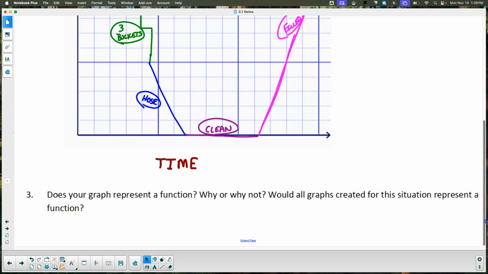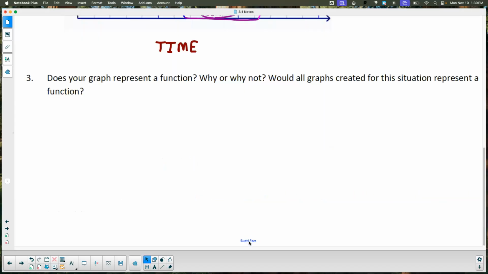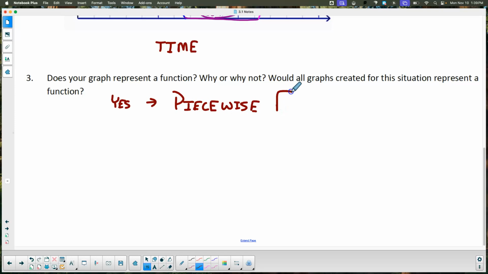It's something that's called a piecewise function. A piecewise function is a function that's made up of other functions, but you take each function on an individual interval. Okay?